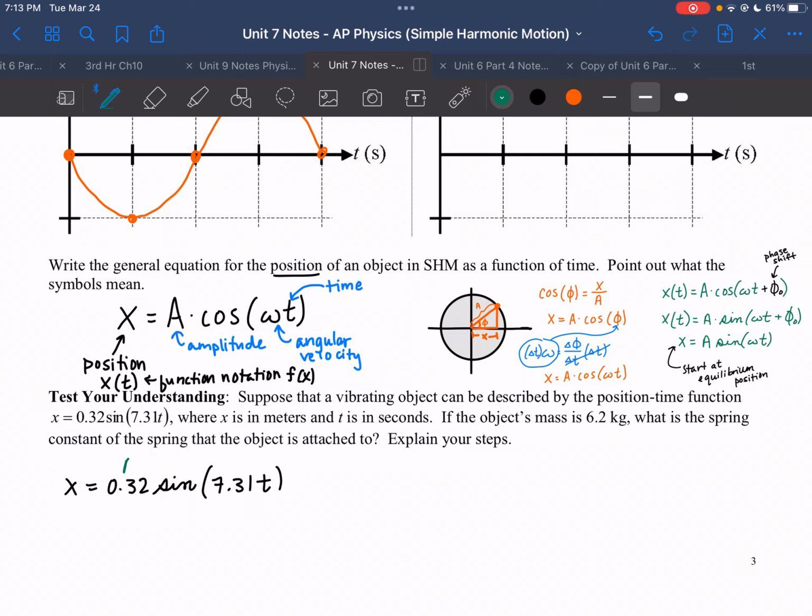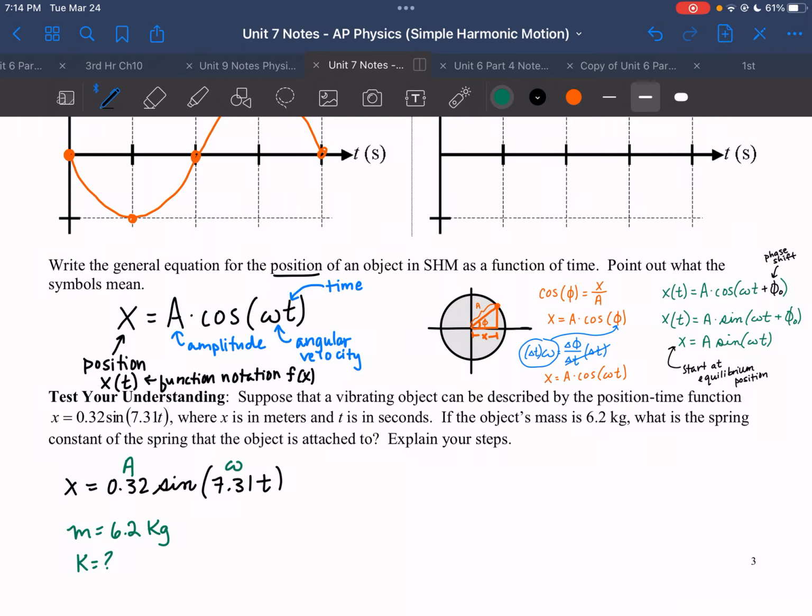This is telling us that this is our amplitude, our max displacement, and this is omega. Those are the two pieces of information that you have to be able to figure out. Now, x is in meters, t is in seconds, which means all of our units are the same. We do know the mass of the object is 6.2 kilograms, and we want to find the spring constant, k equals question mark.